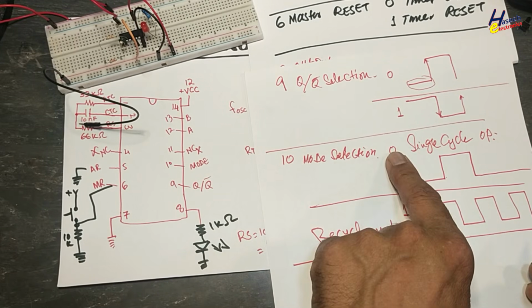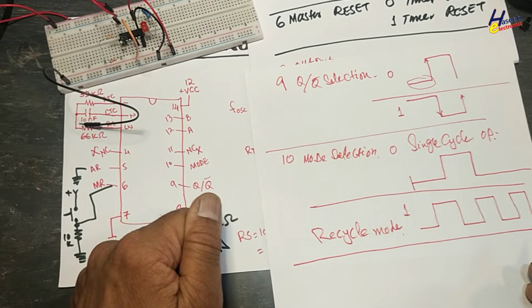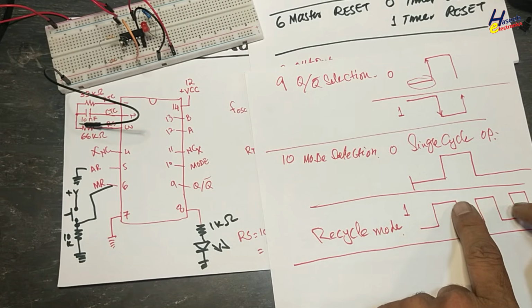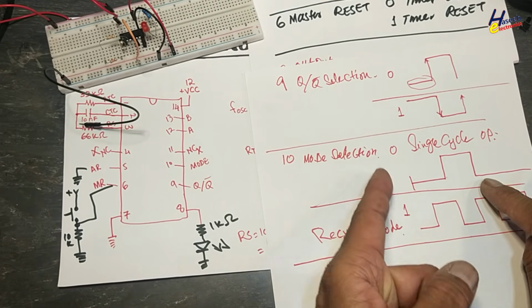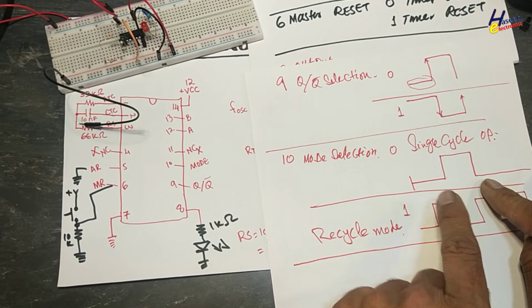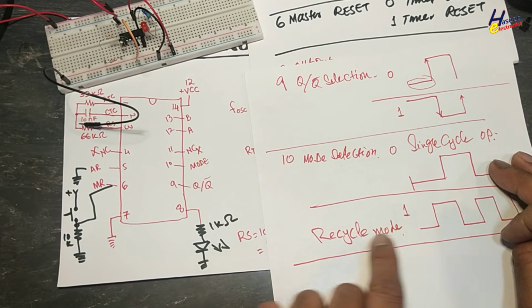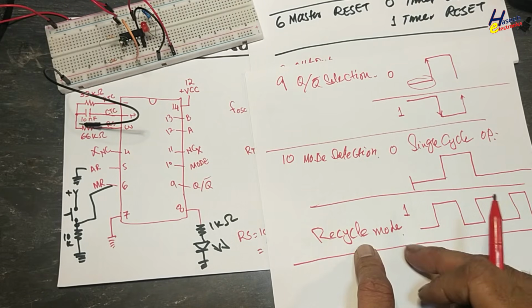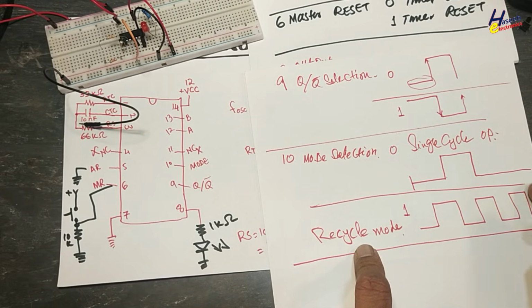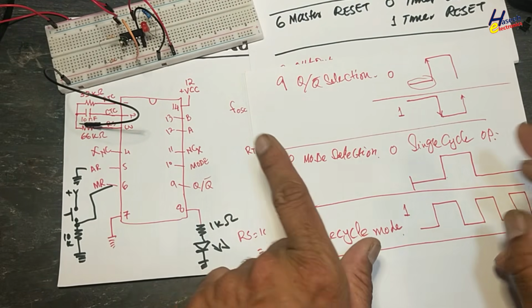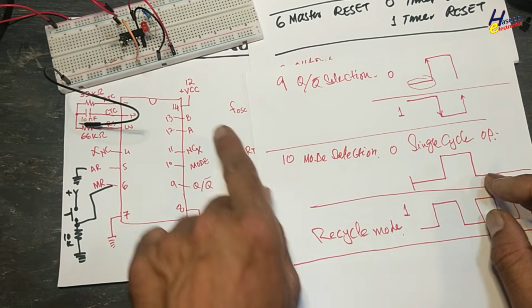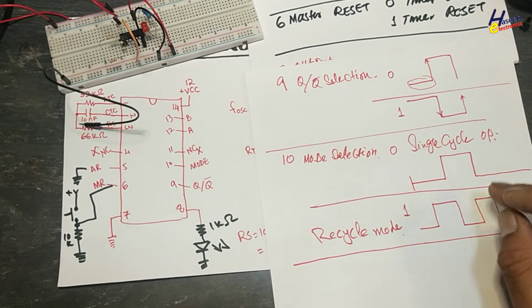If we select 0, just one reset, it will create one delay time to turn on or turn off any device depending on the connections, then it will stop working. But here it will auto reset and it will count the frequency and divide the frequency by the number of pulses which we counted from here.